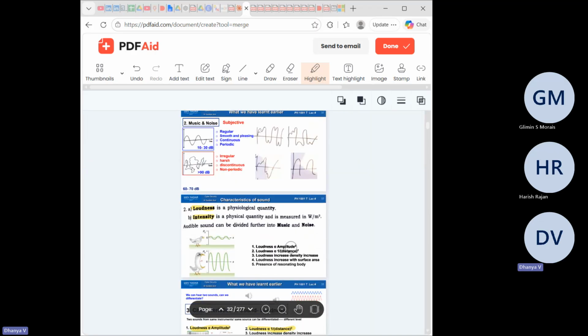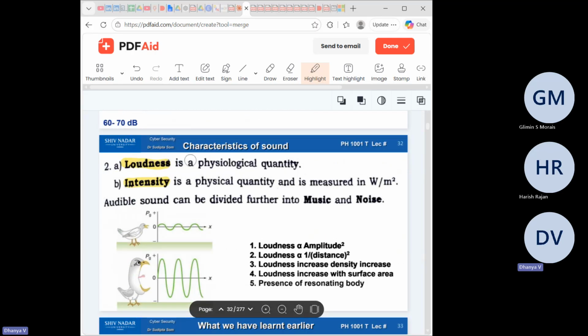As I said before, loudness and intensity. Often we think it is one and the same, but loudness is essentially a physiological quantity. It's based on perception, not something that you can measure as such. But intensity is the equivalent of loudness that is measurable.